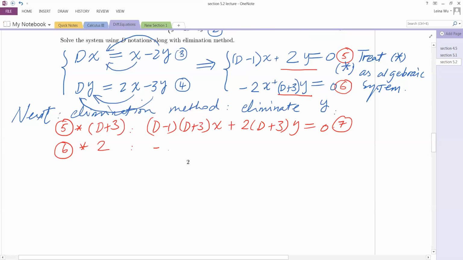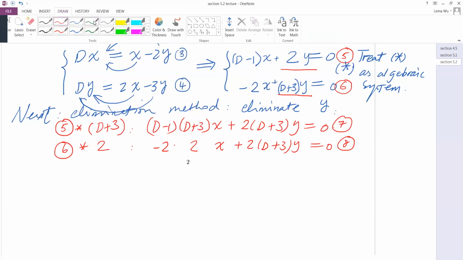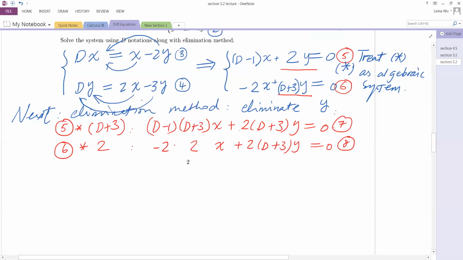Next, equation 6, everything multiplied by 2: negative 2 times 2x plus 2(D plus 3)y equals 0. Let's call this equation 8. So we can see that the coefficients of y are exactly the same.